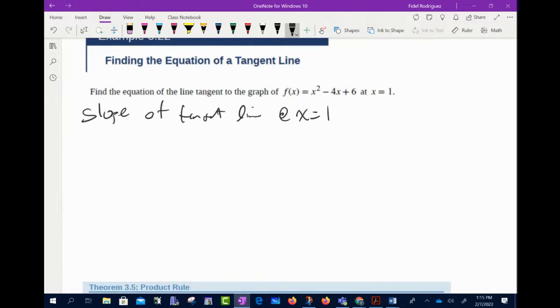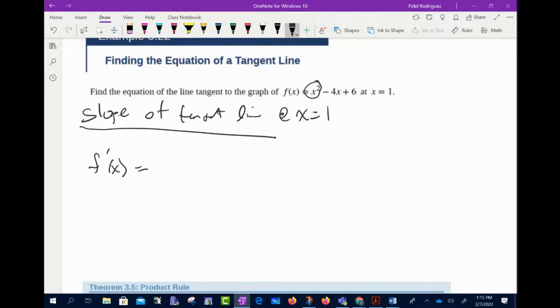Because if we're going to find the equation of the line, the first thing we've got to do is find the slope. Now, remember how we find the slope? We find the derivative. Okay, so we're going to go through it in pieces.